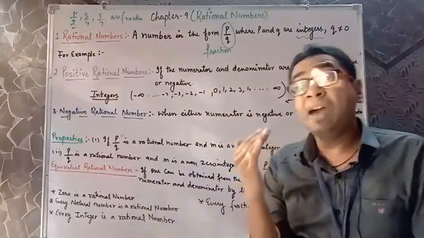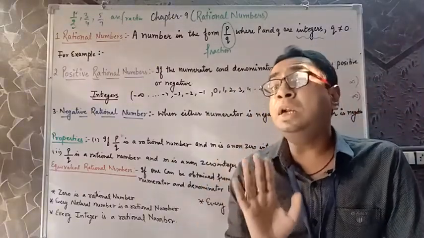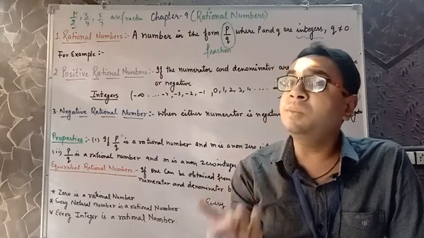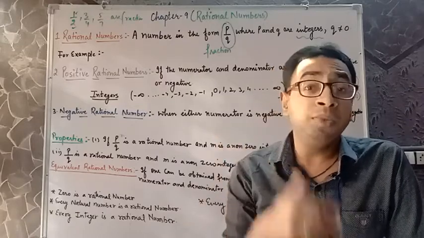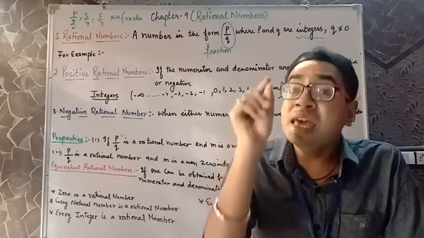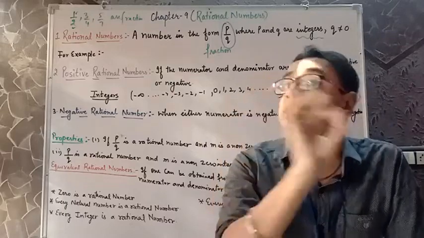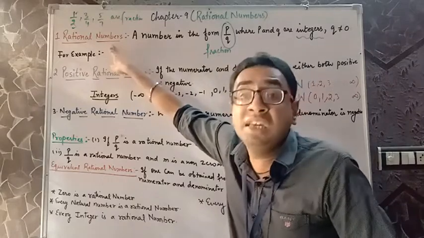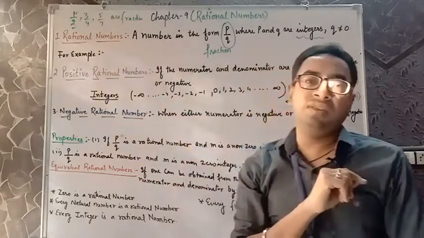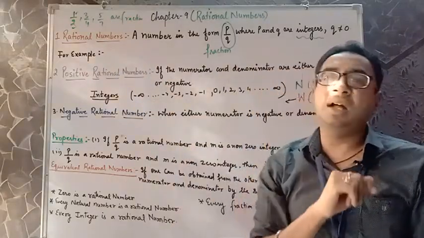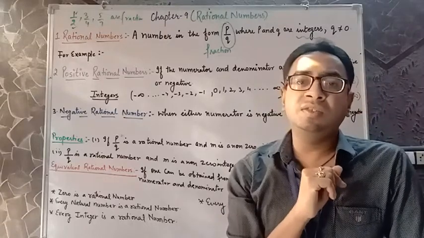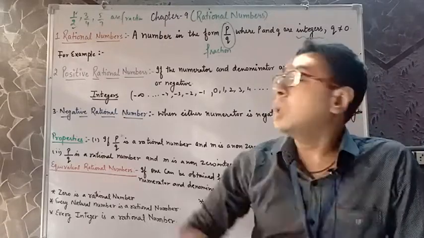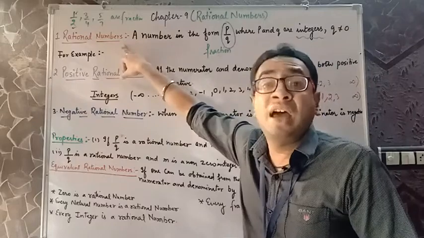So by fractions we are able to represent only positive numbers in the form of p by q. What about negative numbers? Hence, rational numbers came into the picture. Why do we have rational numbers? Because how do we represent the negative part of integers in the form of p by q? Thus, we have something called rational numbers.